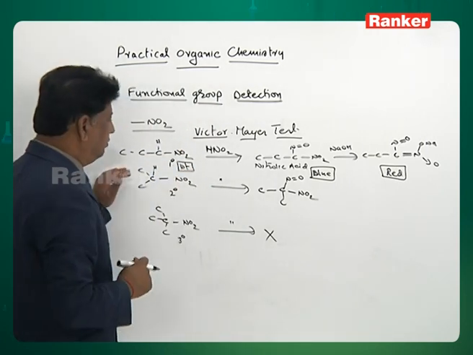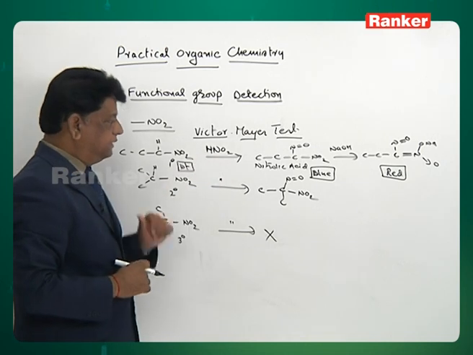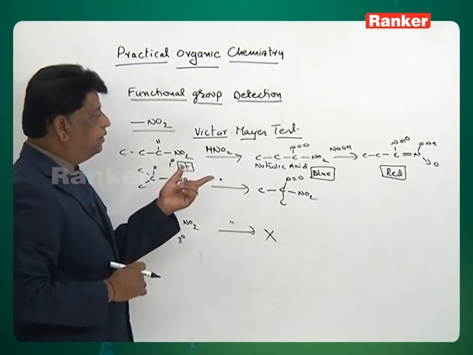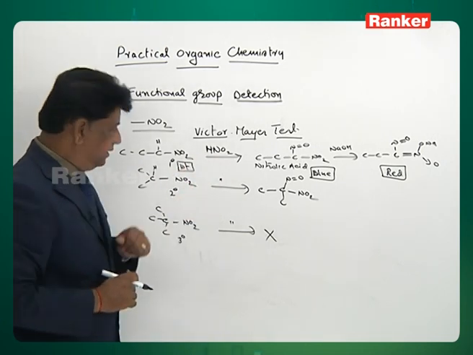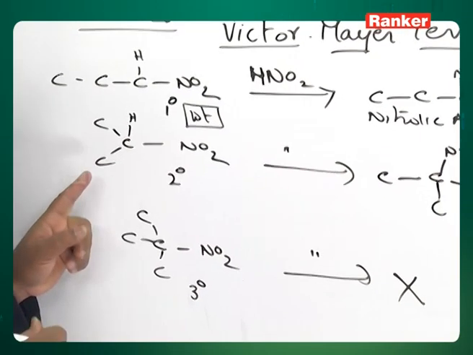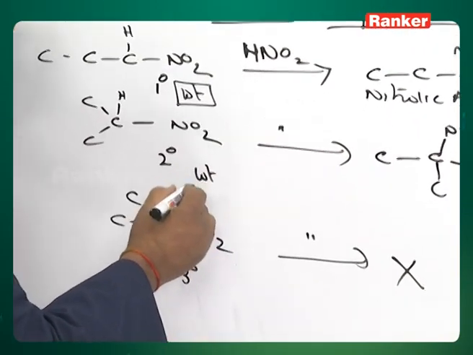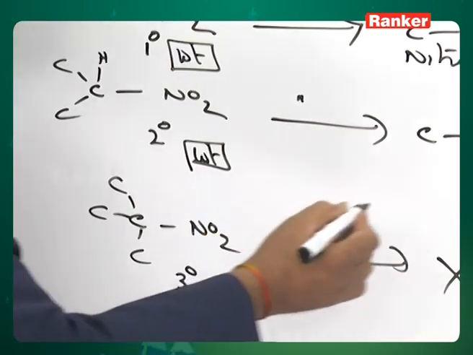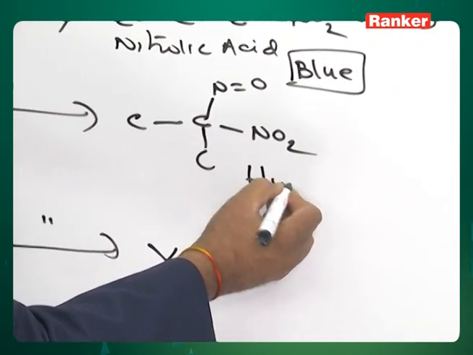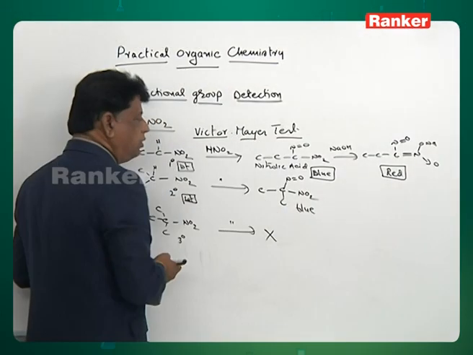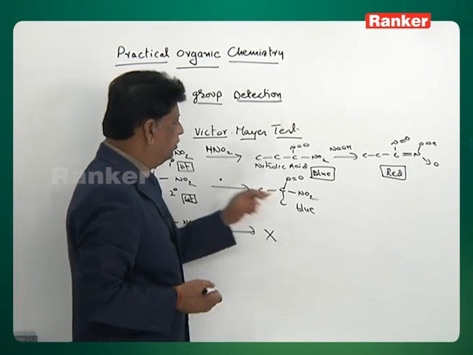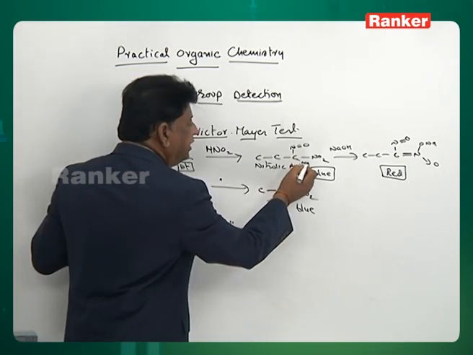So the white color becomes blue color when nitrous acid is added, and if you add NaOH it becomes the red color. Whereas in the secondary, the white color becomes blue when you add nitrous acid, a blue color is formed, but it is not a true nitrolic acid because there is no hydrogen. Still we have hydrogen here, it is acidic.